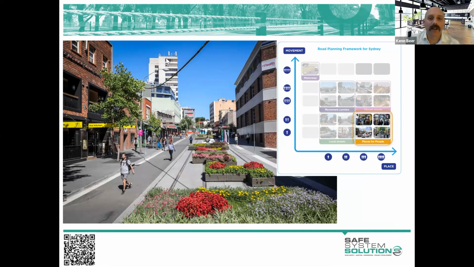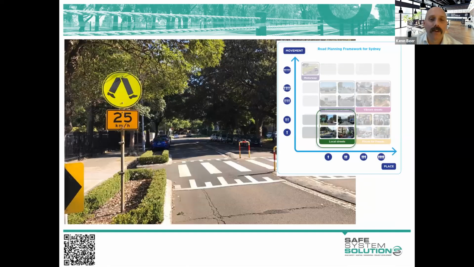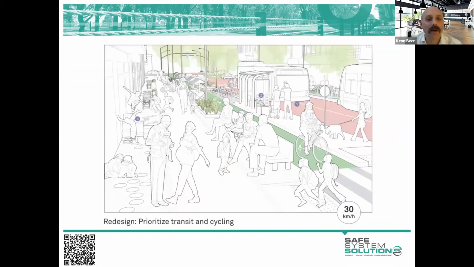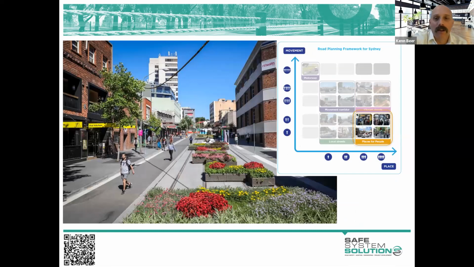So let's have a look. So we did places for people, and we went through that. So what happens here within your movement and place categorization is you've got these granular differences between these really, really high place areas, but you've got some where they start to get more of a movement function in there.